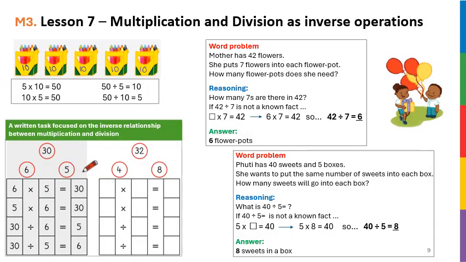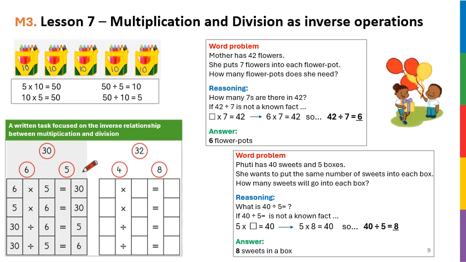In lesson 7, our focus is on multiplication and division as inverse operations. The image in the top left hand of the screen shows 5 boxes of crayons, and there are 10 crayons in each box.